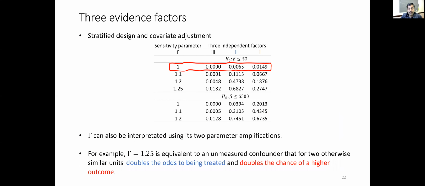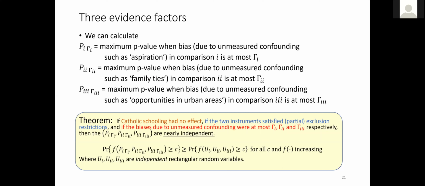Sorry to interrupt. I just wanted to ask about the definition of near independence. Can you say a little bit more about how it relates to independence? Right. So this would be exactly independent if I have equality here. If I have this probability equal to this probability, then it's fine.